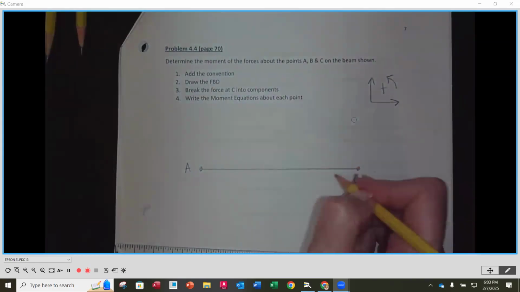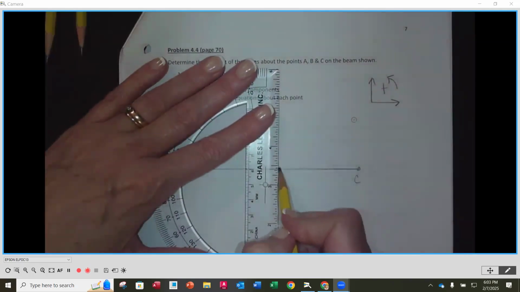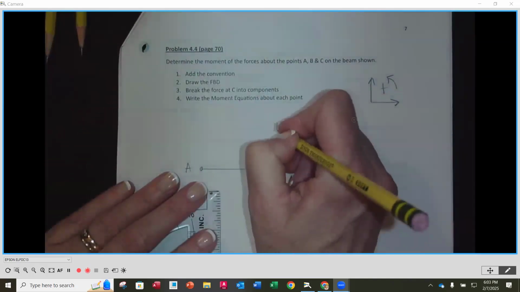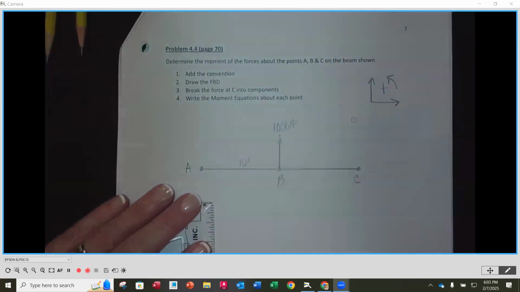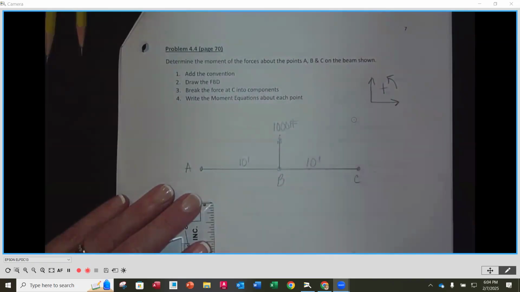And then B is right in the middle. Now, there aren't any forces at A, but there is a force going straight up at B, and it is 1,000 pounds. The distance between A and B is 10 feet. The distance between B and C is also 10 feet.